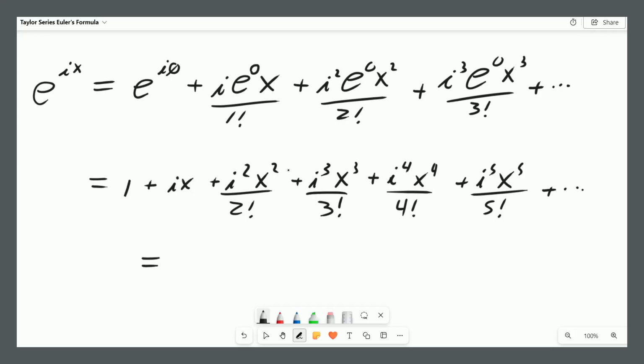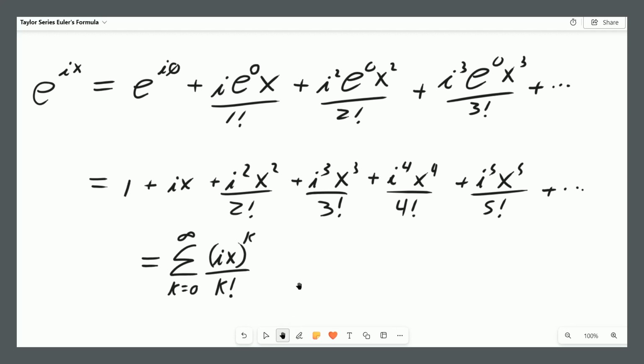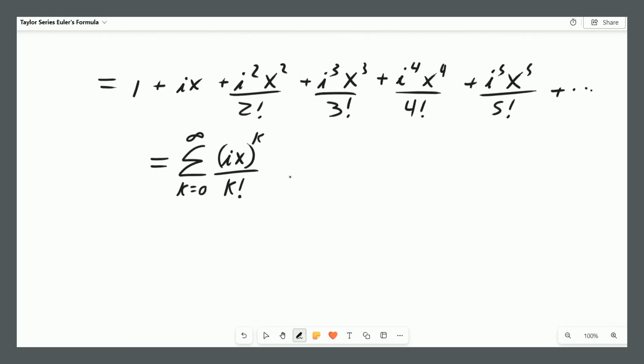How do we put that into summation notation? So that is the sum as k goes from 0 to infinity of (ix) to the power of k over k factorial. Right? We're dealing with both the odd terms and the even terms. That is e to the power of ix.